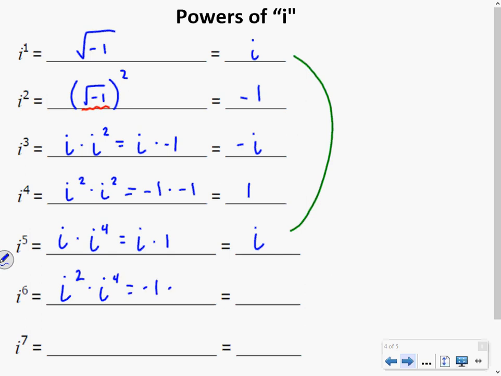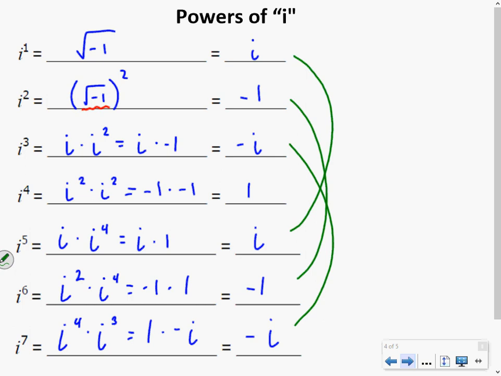We know that i to the fourth is +1, so this is going to be -1, which we already saw here. For i to the seventh, let's do i to the fourth times i to the third. i to the fourth is 1. i to the third is -i. So that's going to give us -i. So again, we're starting to see that this pattern is repeating itself.